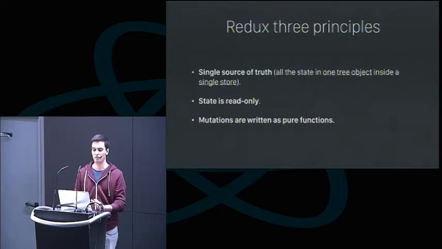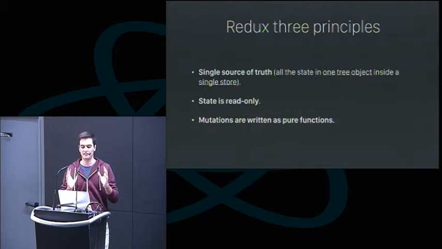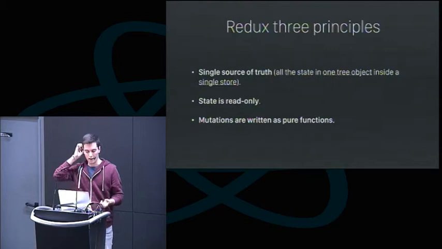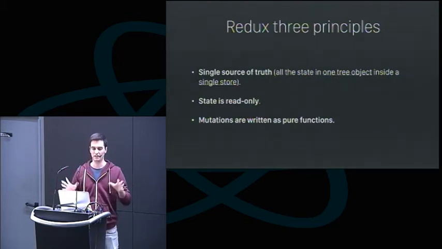Redux has 3 principles. The first one is there's a single source of truth, that is the state. That is a tree object in one place. For example, in Flux, you have many stores with many parts of the state.